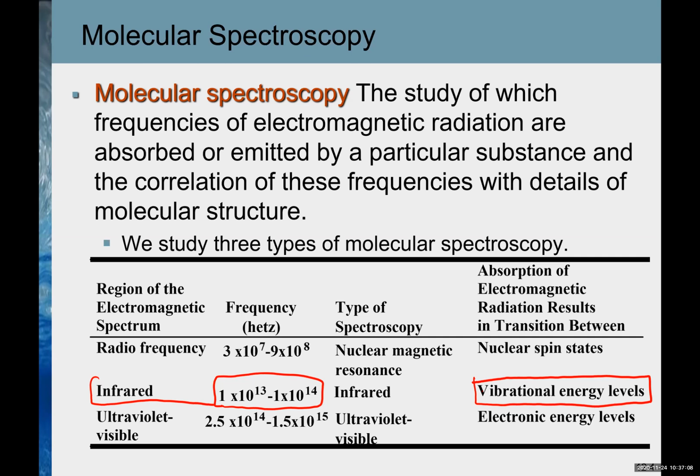For NMR, the energy level falls in radio frequency, and for UV-visible spectroscopy, of course, it falls in the ultraviolet or visible range. But in this chapter, we are only going to focus on infrared.